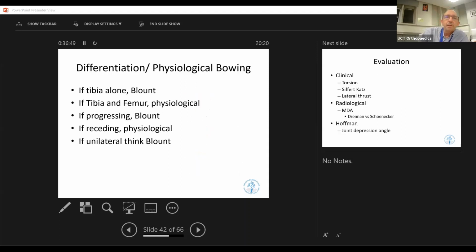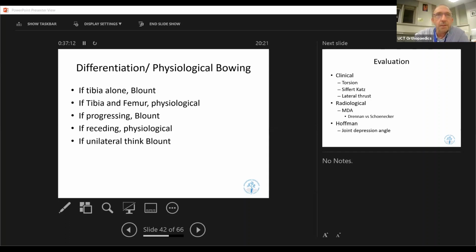Then we need to spend a little bit of time just talking about whether this is physiological versus Blount. Once again, if you go backwards in the plain radiology, if there is both femoral and tibial varus, that would imply physiological bowing, or for example, Rickets.